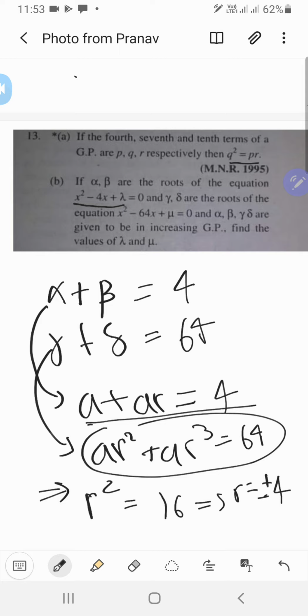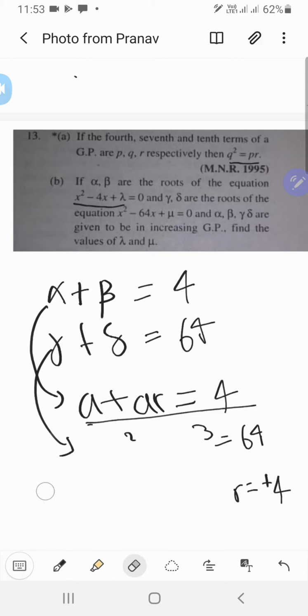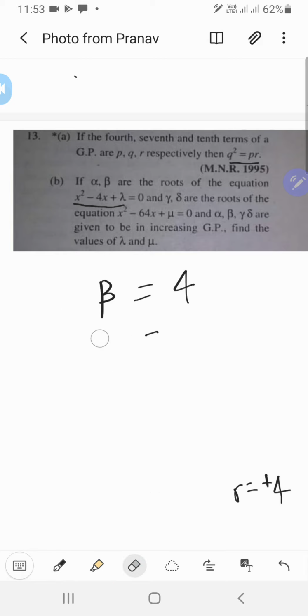But because this is supposed to be an increasing GP, you cannot have alternate positive and negative terms, which would make it a weird GP, not an increasing GP throughout. So r is only equal to the positive 4. Okay, that's nice. So let's just erase all this stuff.